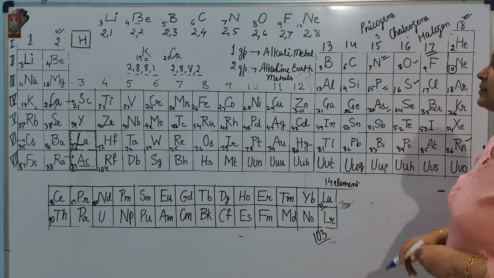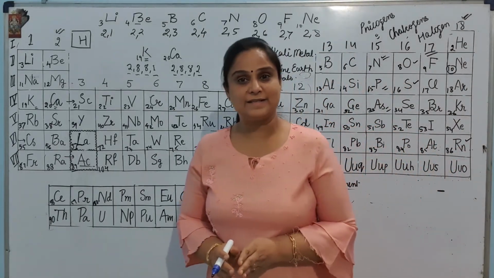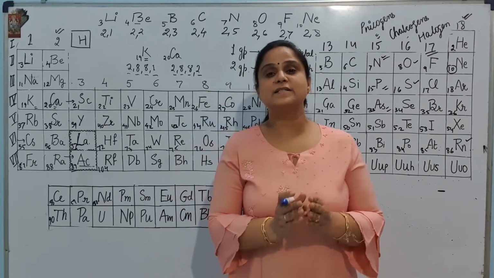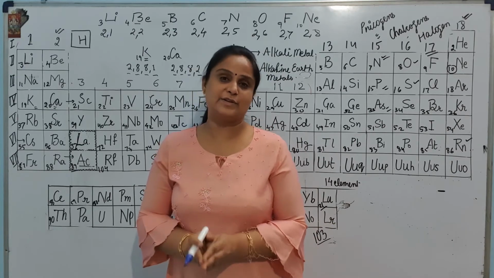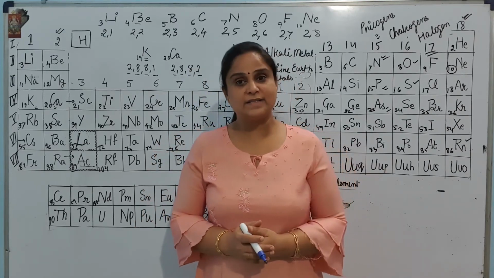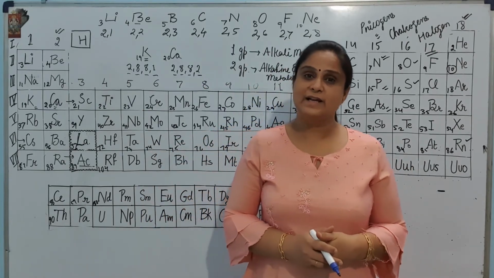And 18th group elements are very well known by the name inert gases. They are called inert gases just because their octet is completed and they do not react at all. So these are called inert gases or noble gases. So these are the special names given to these elements.